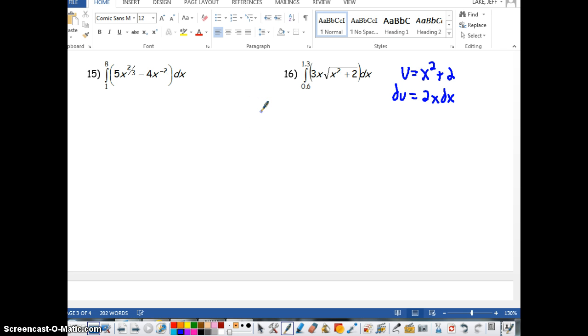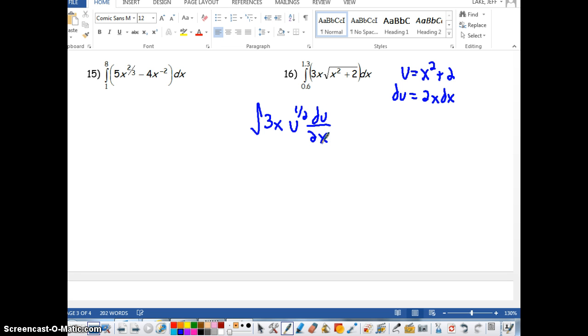I'm actually going to be looking at this in a couple of different ways here. First, I'm going to rewrite my integral as 3x and then u to the 1/2. And now when I replace this, this is going to be du all over 2x.